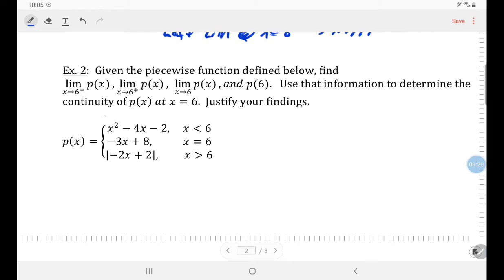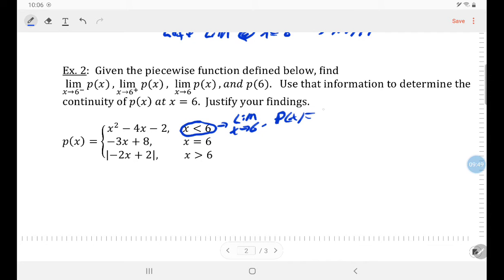So instead of looking at all these functions, I'm going to choose to look at the domain values first. What I see right here, like that 5.99999, which is my left limit, those are values less than 6. So this equation is giving me my limit as x approaches 6 from the left of my function p of x.